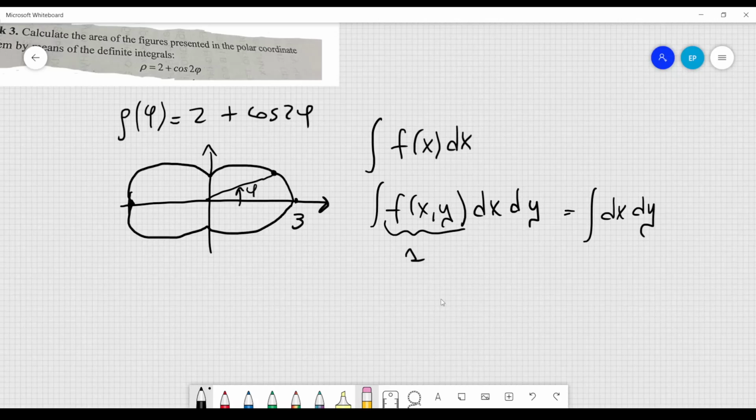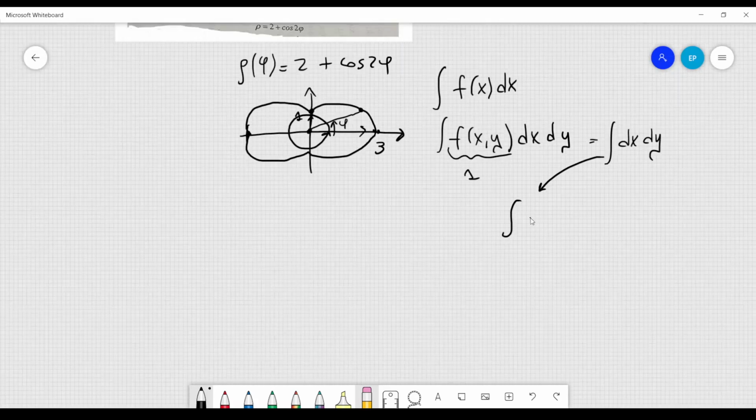And if we use polar coordinates, this integral will become integral over rho d rho d phi. Sometimes this angle is called theta, but doesn't matter. So the area will be a double integral.